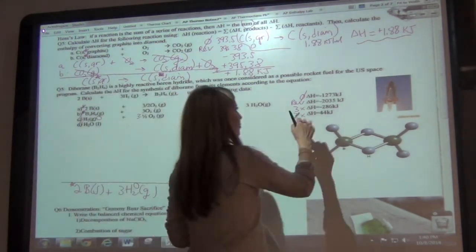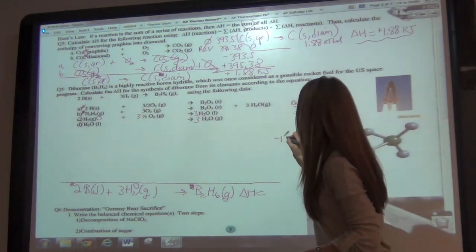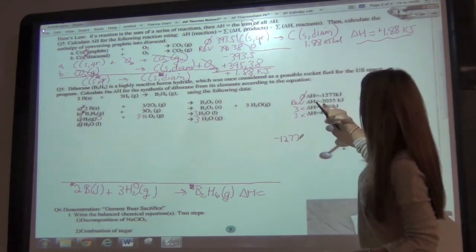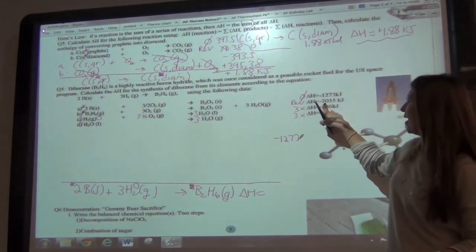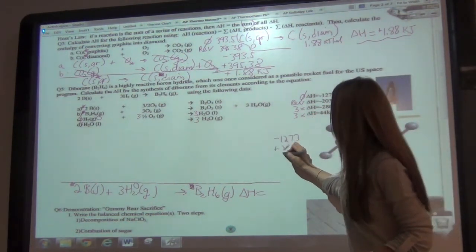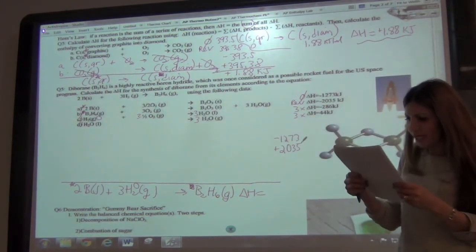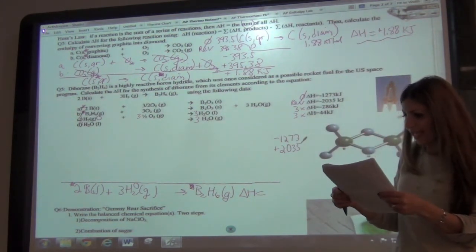So now all we're going to do is make the change that we said we were going to make. So the first one is negative 1273. If you reverse the second one, then what do you get? Positive, awesome, 2035. This one's times 3, which I have as negative 858.